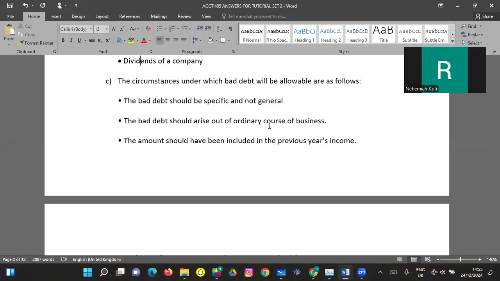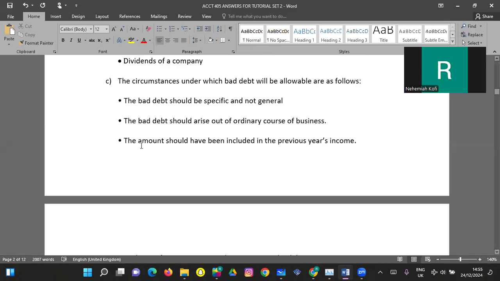If you are selling phones and someone comes to buy a phone on credit, and that particular amount becomes bad, then it is fine and it's allowable for deduction. But if you are selling phones and someone comes to buy, let's say, your shirt, and the person doesn't pay the money, that particular item is not allowable as a bad debt because it is not related to the business, right?